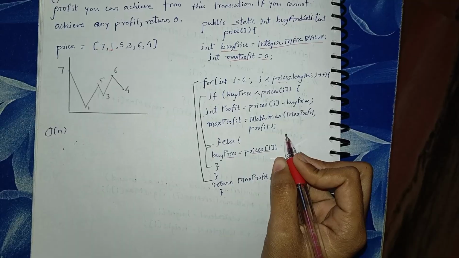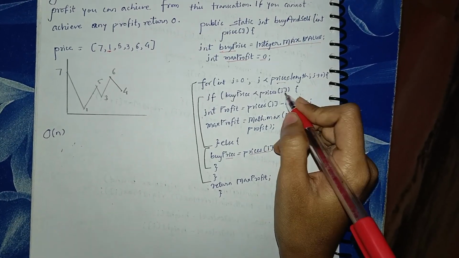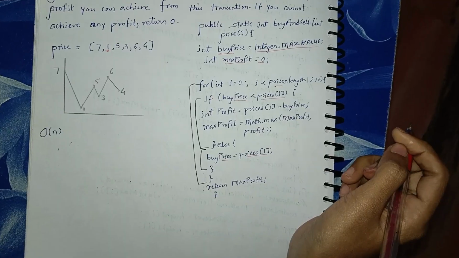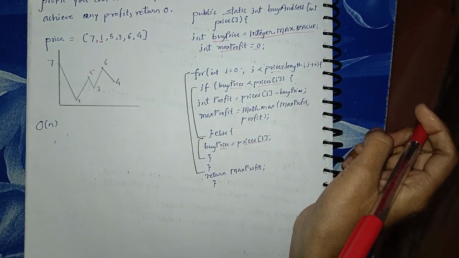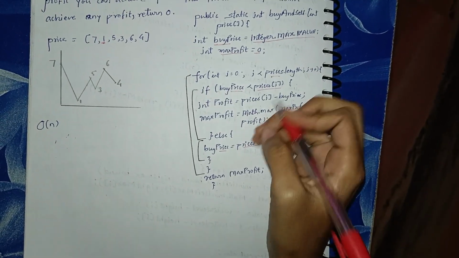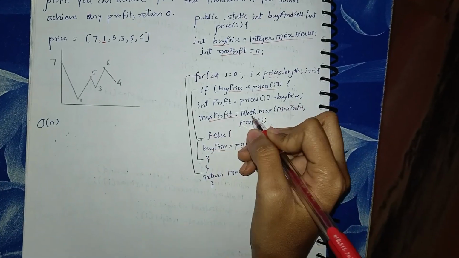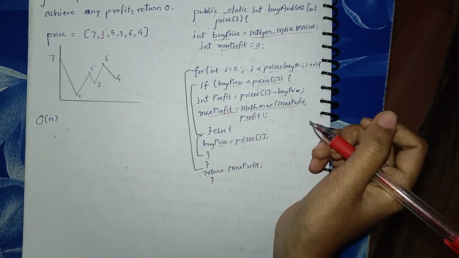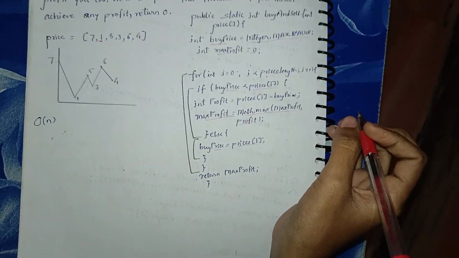Otherwise, we calculate the profit. If the profit is greater than the current profit, we update it. At the end, profit stores the maximum possible profit.